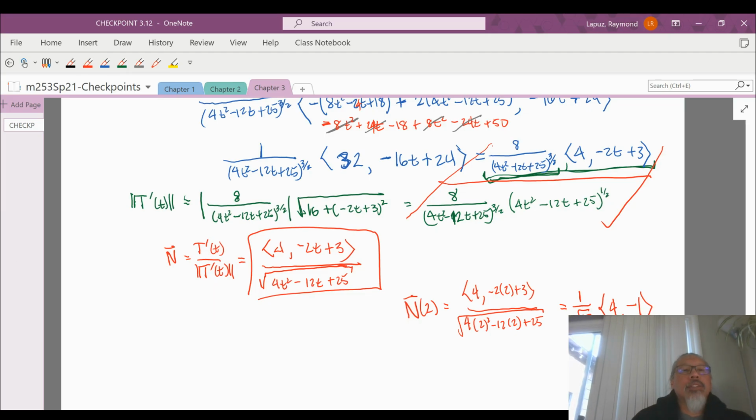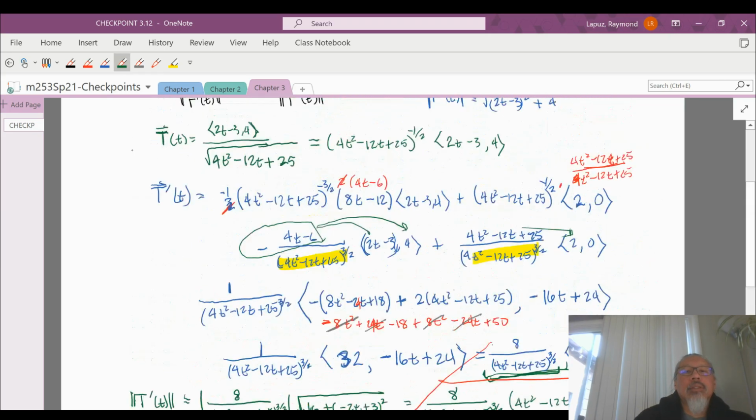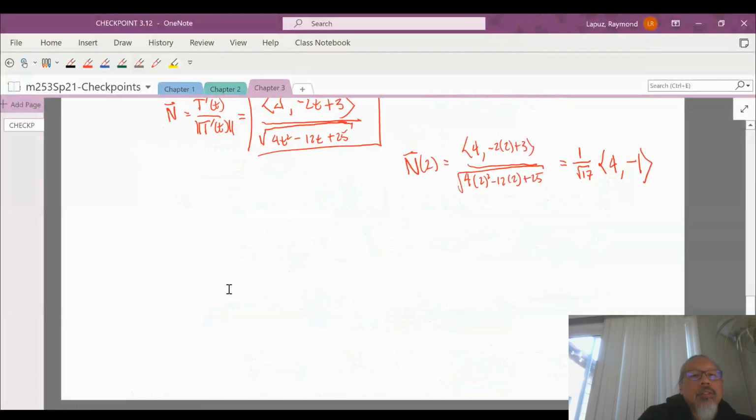Okay, just to check, since we're here anyway, let us take a look at our T, which is a fairly simple function, and let's put 2 in there. T of 2 will equal, now we had that vector.